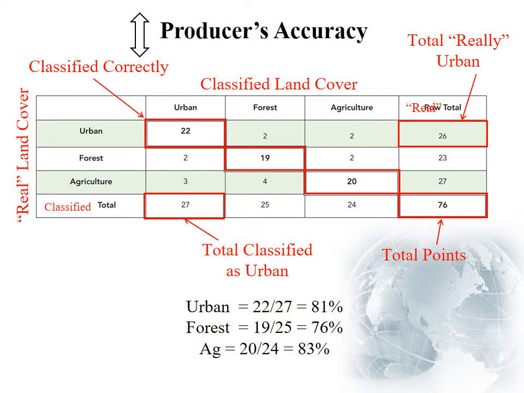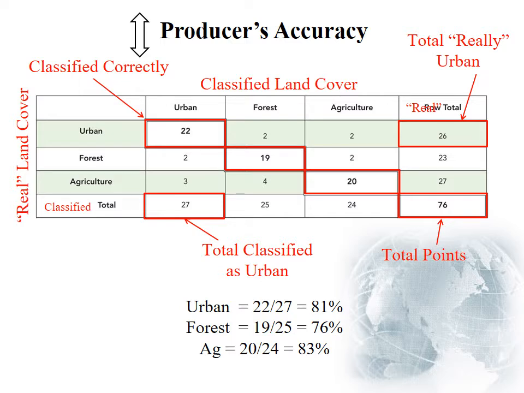And how we calculate it is we look vertically down the columns and we take the number of correct observations divided by the total in that column, and that gives us the producer's accuracy for that land cover type. In this example, urban with 22 correct over 27 total, 81%.